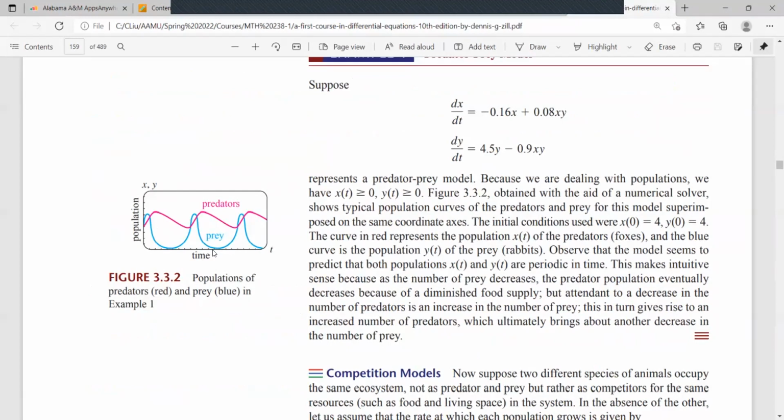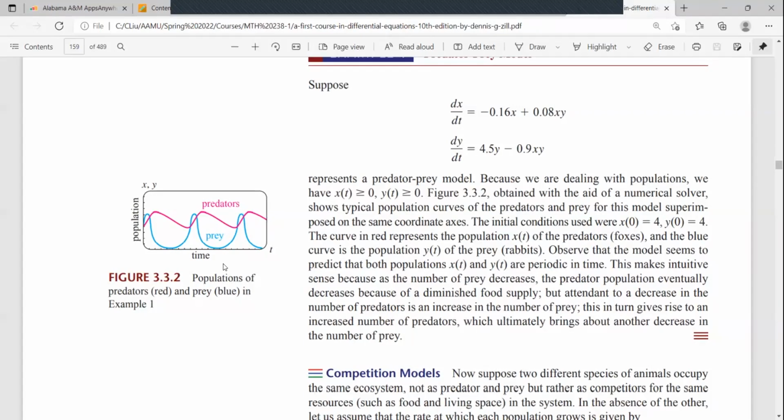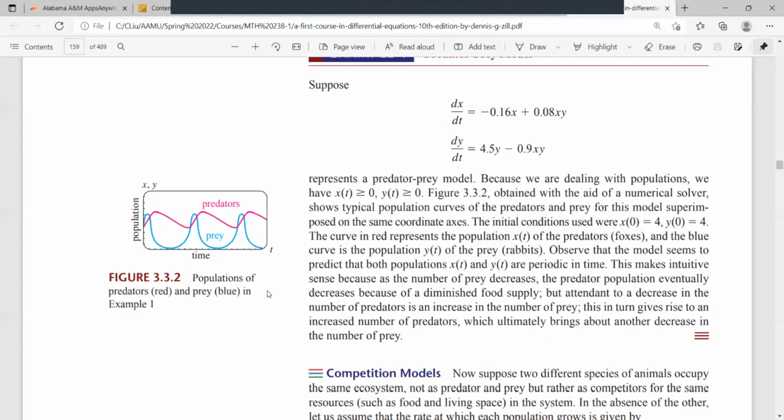Okay, so what you see here is both the predators, the foxes, and the prey, the rabbits, populations are periodic with time. You can see, and that really makes sense. So this is an interesting result.